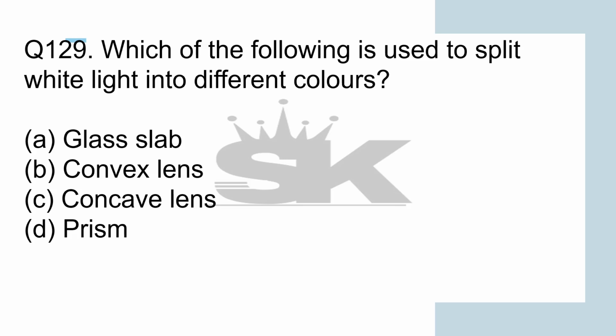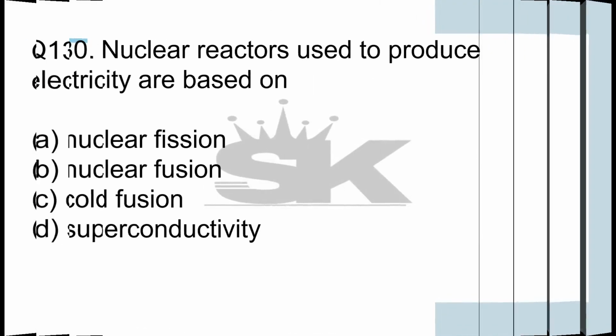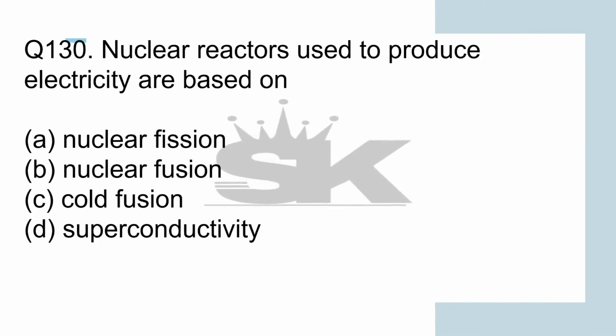Which of the following is used to split white light into different colors? That is prism. You all know that, right? An ordinary triangular prism can separate white light into its constituent colors. It's also called a spectrum. Okay. A nuclear reactor is used to produce electricity, based on nuclear fission.